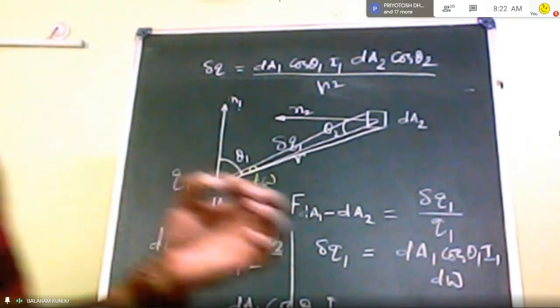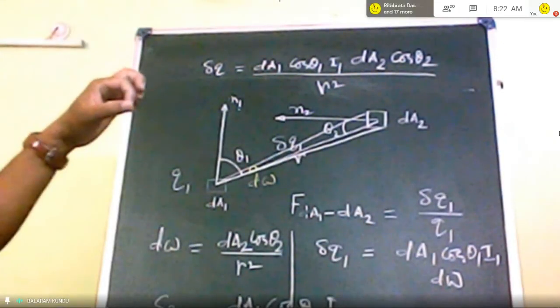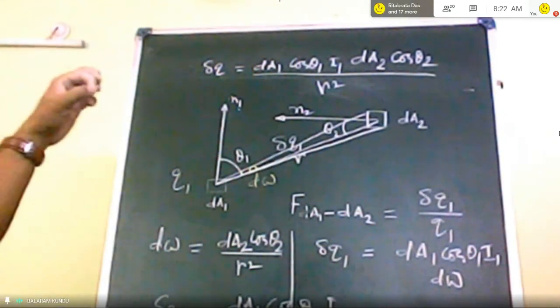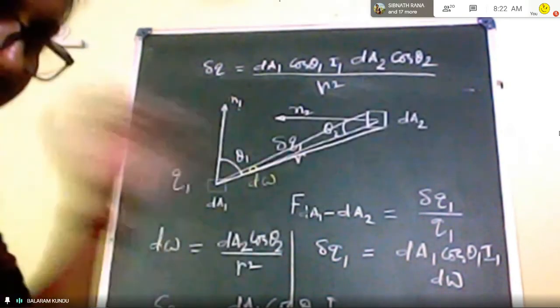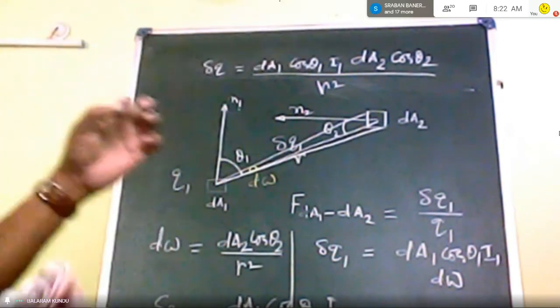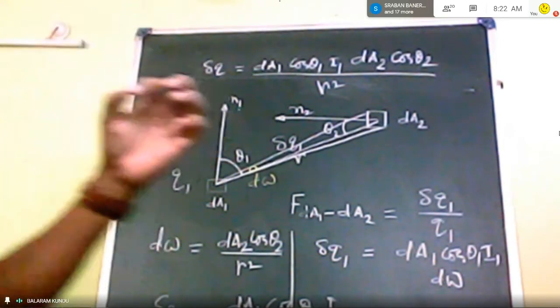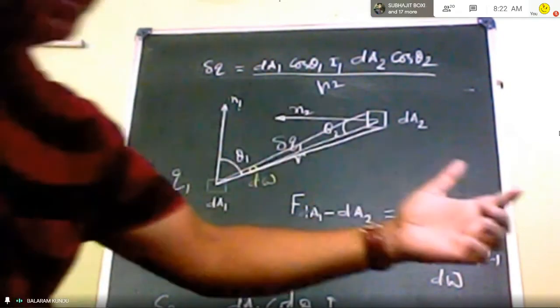Or here you can consider the notation del Q12 instead of del Q. That will be better for understanding. So del Q12 means the radiation energy emitted from surface dA1 that strikes the surface dA2.